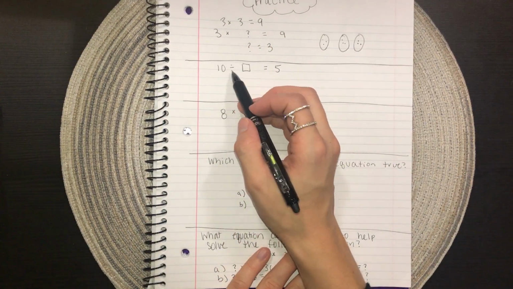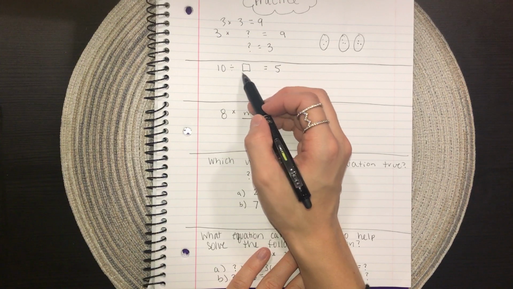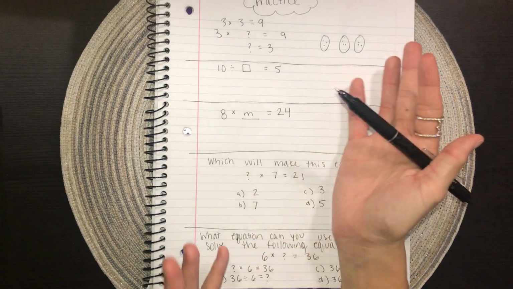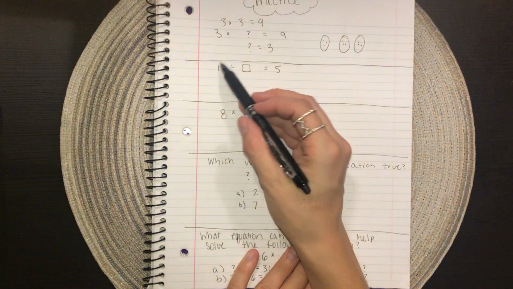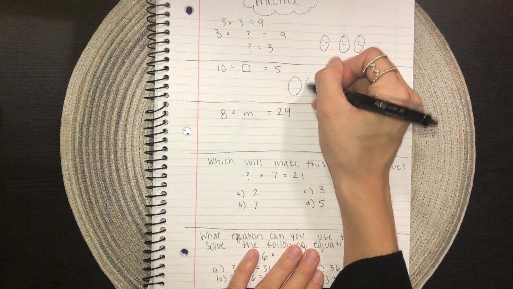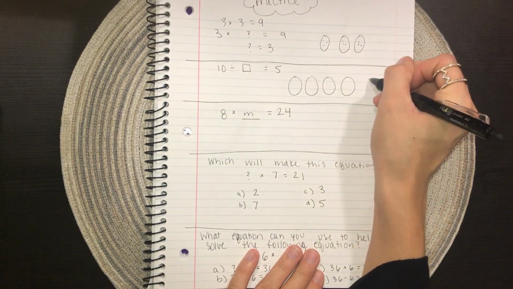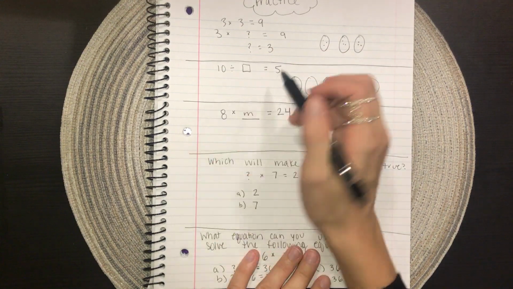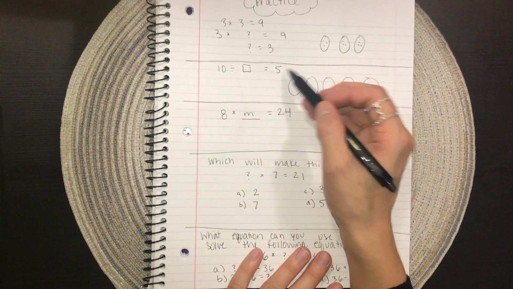So now 10 divided by, we have the empty box, equals 5. So this is division, therefore 10 is the total number, and then there are 5 total groups.